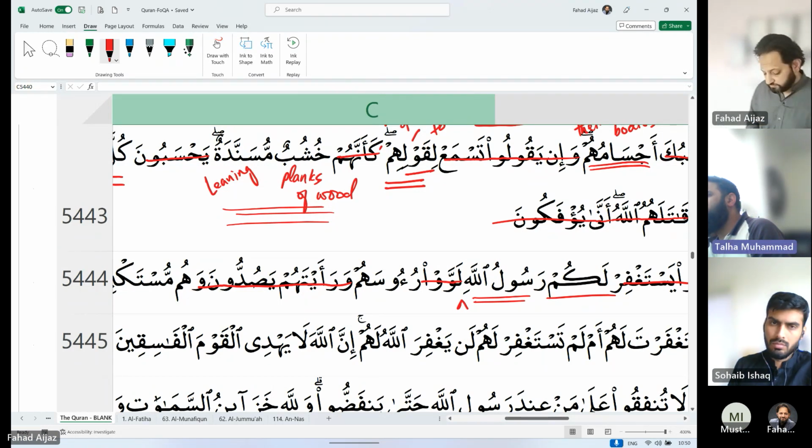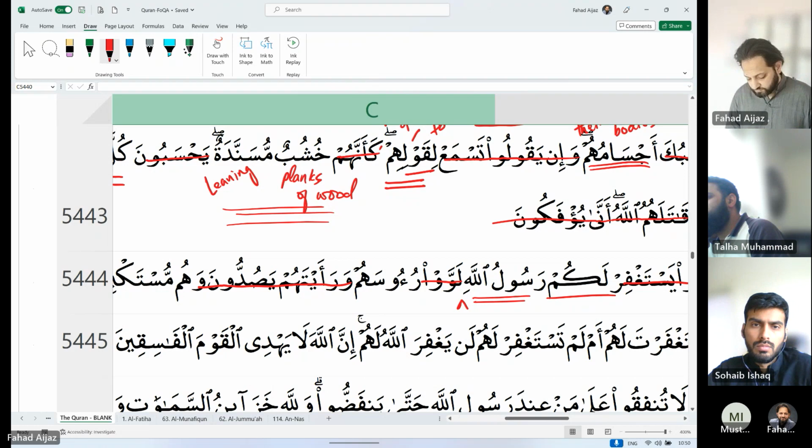Rusa. Is rusa one word, or give me your opinion. I want you to build that skill. How many words do you think there are in total here? Two words. Which ones? Ru'usa and hum. Ru'usa means faces or heads.